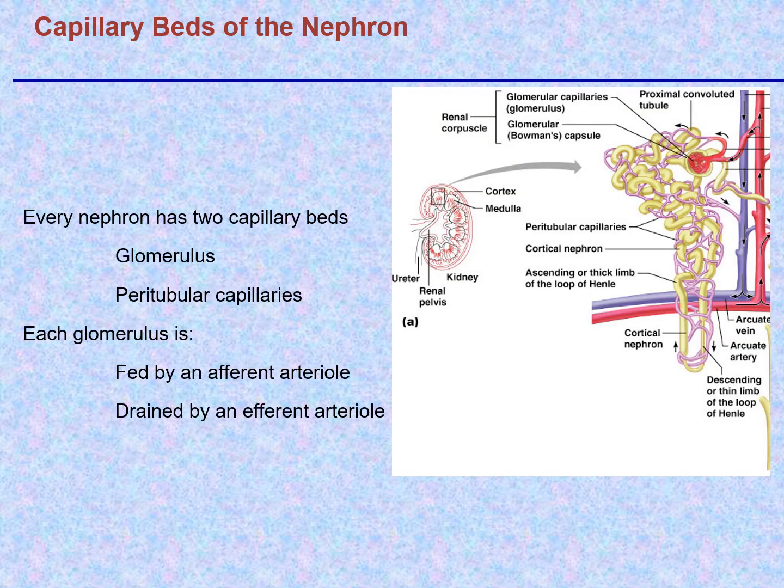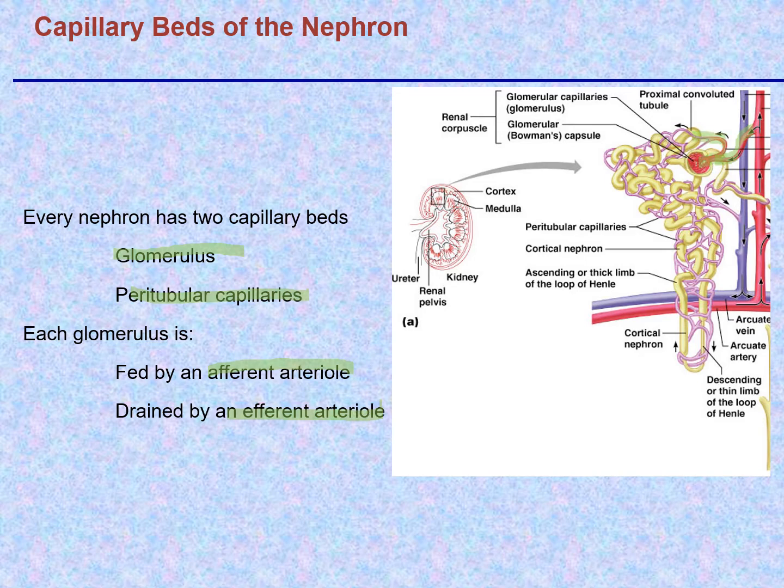The capillary bed, as I said, there are two capillary beds for every nephron. There's the glomerulus in here, and then the peritubular capillaries all surrounding all of the tubular structure all through there. And each glomerulus, each of that initial capillary bed, receives blood from an afferent arteriole, and that feeds blood here, as you can see, coming into the glomerulus, and then it's drained by the efferent arteriole, leaving.